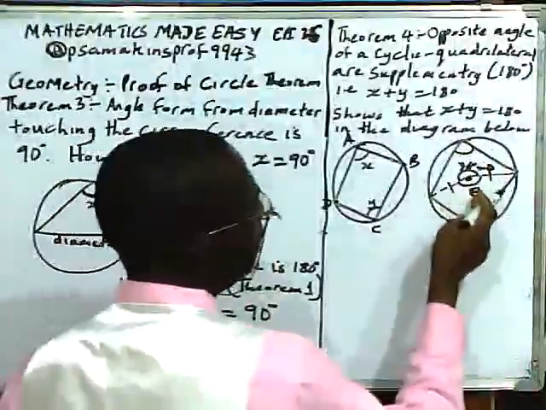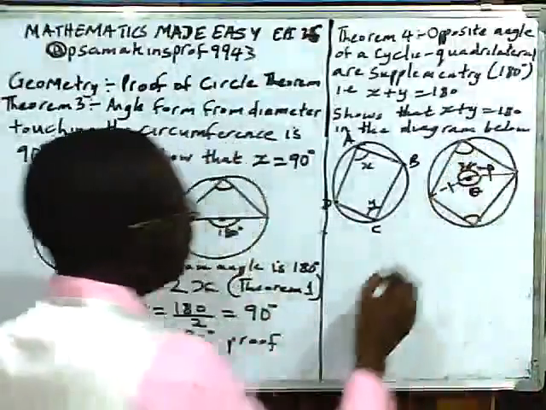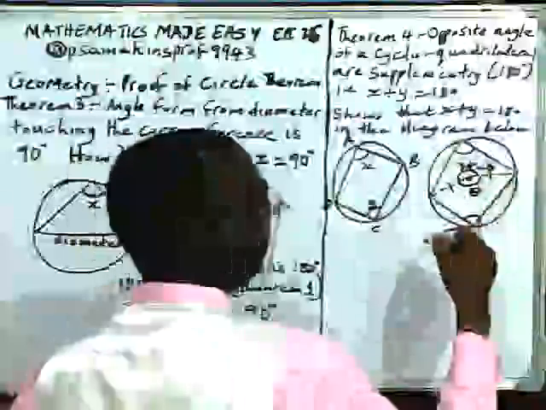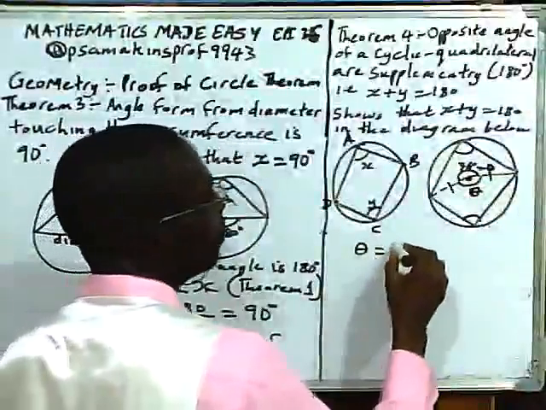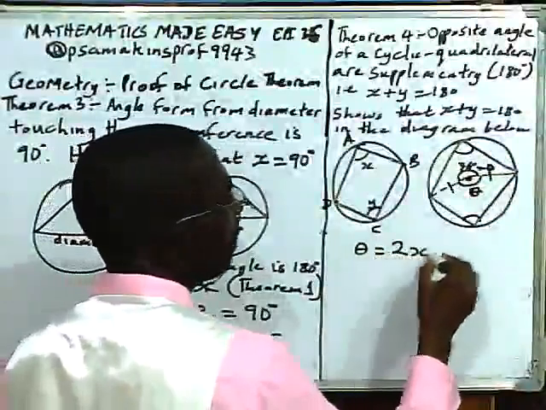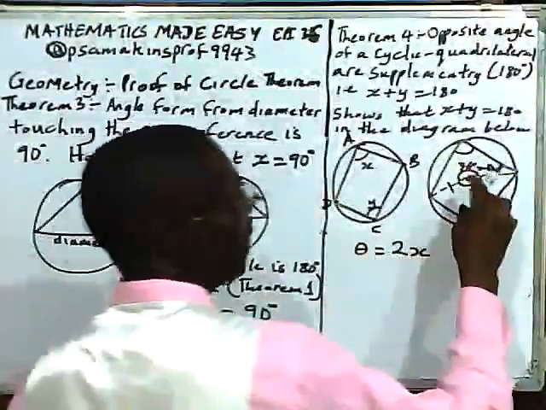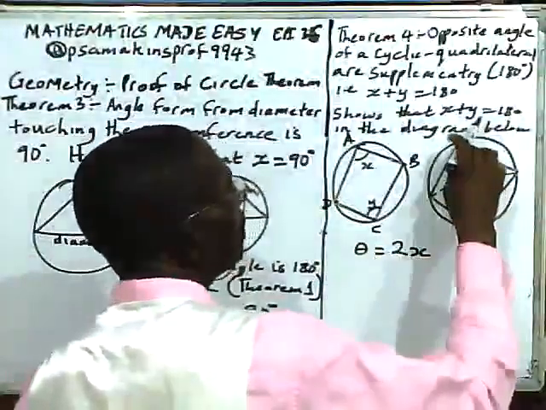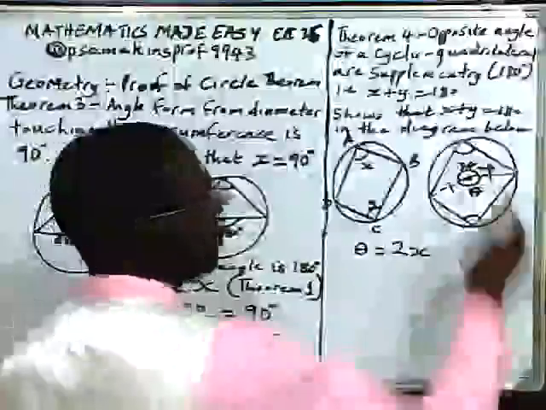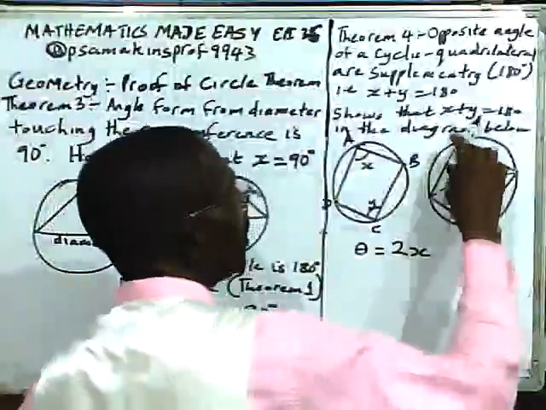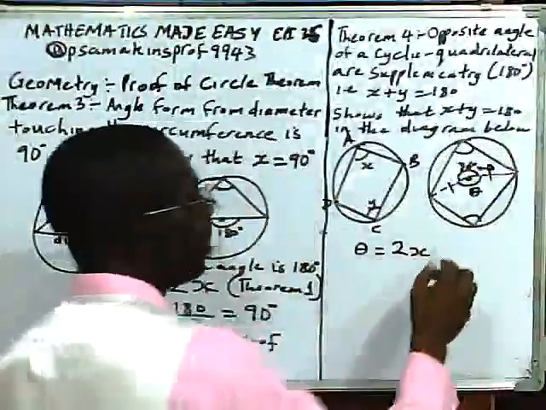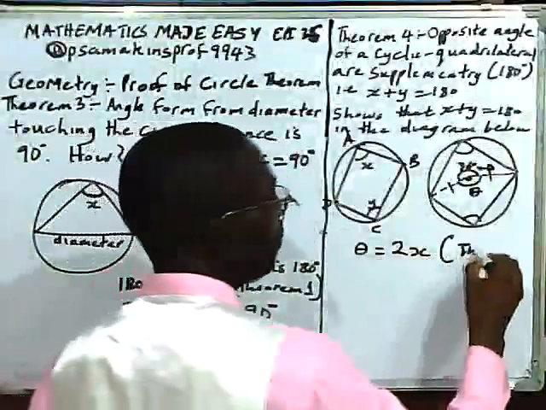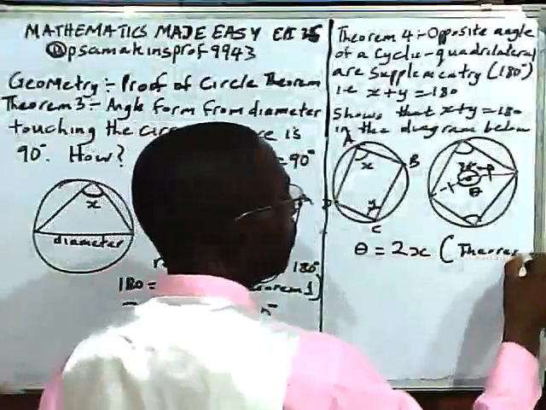If we look at this angle with this, we can use theorem 1 again. That means theta is equal to 2 of what? X. Angle at the center is twice angle at the circumference. So if the angle at the circumference is x, that means theta is 2x, according to theorem 1.